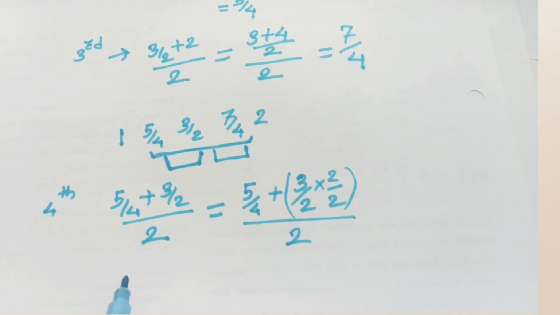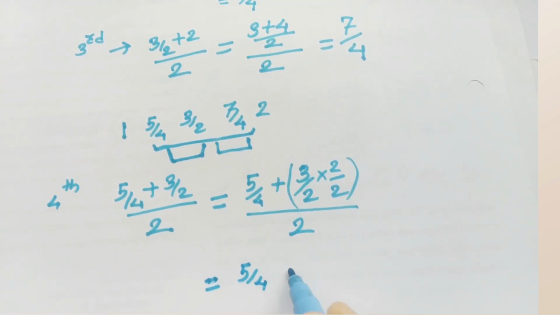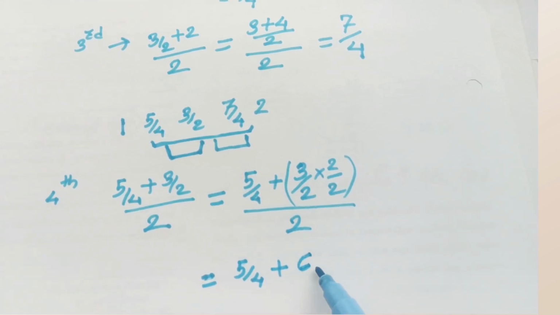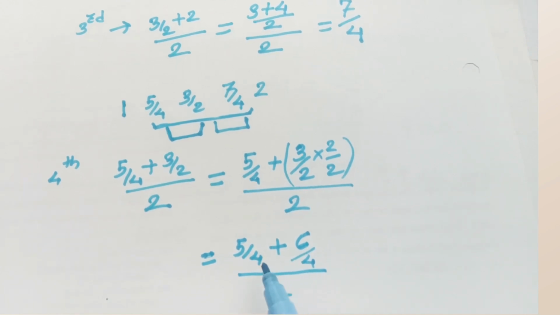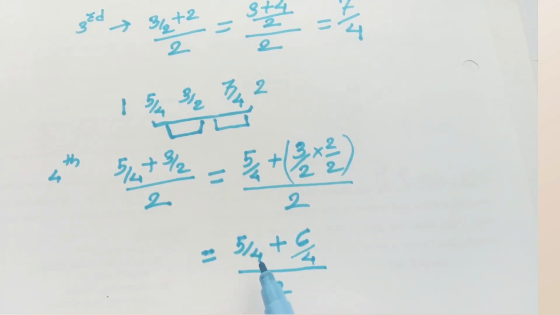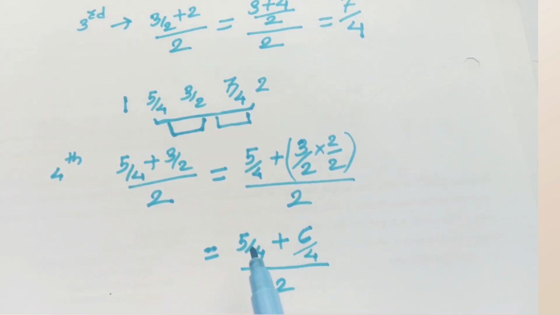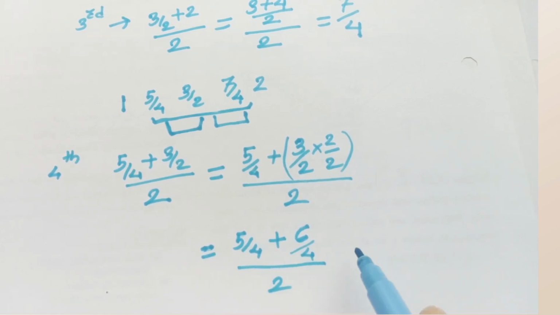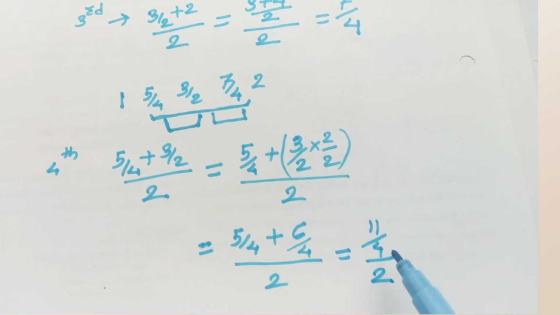Now 5 by 4 plus, the product of this number is 6 divided by 4, whole divided by 2. Now here the base of the first number is 4 and the second number is 4. If the base is similar, then you can add the numerator terms directly. So here 5 plus 6 is 11 divided by 4. So here we get 11 by 4 divided by 2.